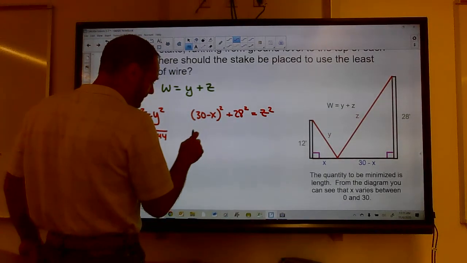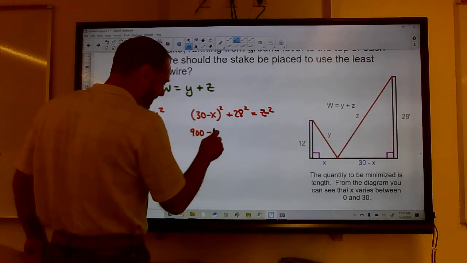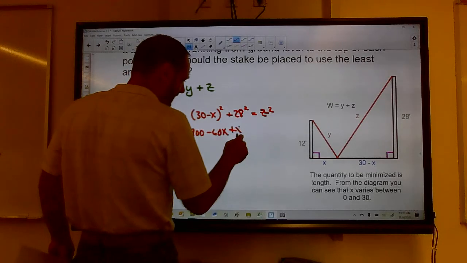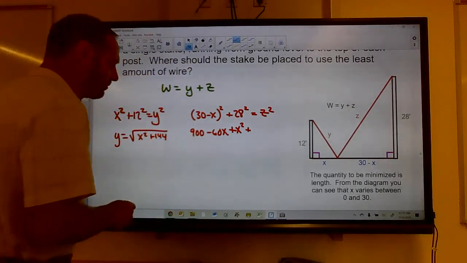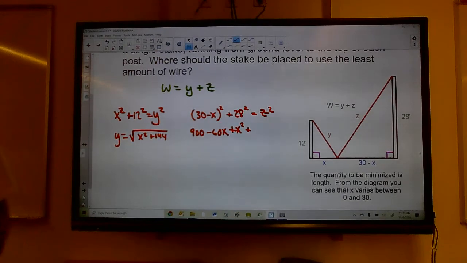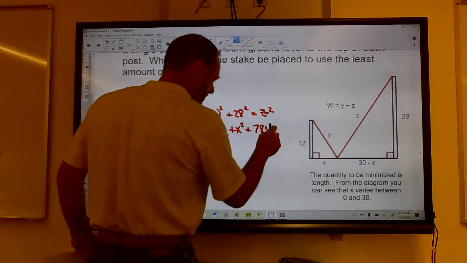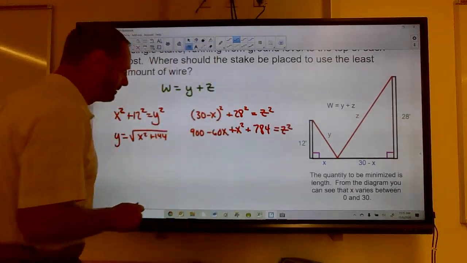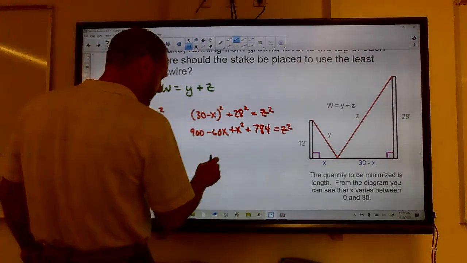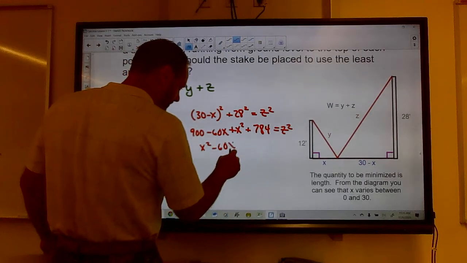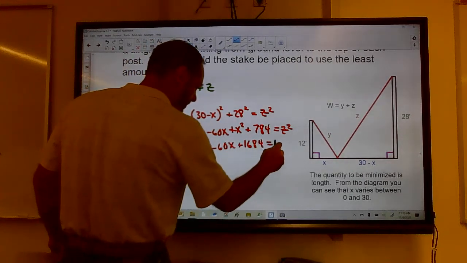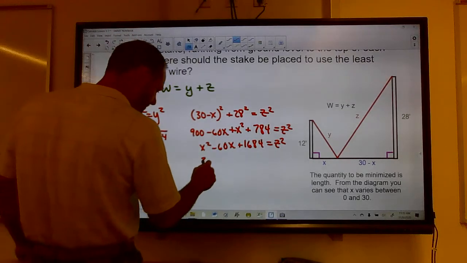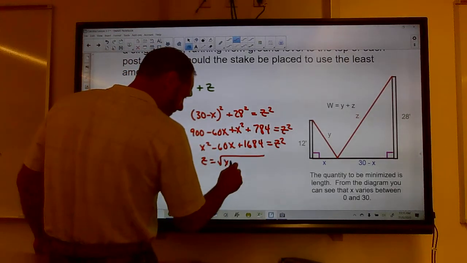So this is going to be 30 times 30 would be 900 minus 60x plus x squared plus 28 squared. 28 squared is 784. That equals z squared. Then I combine my like terms, so I get x squared minus 60x plus 1684 equals z squared. And so z is the square root of that.